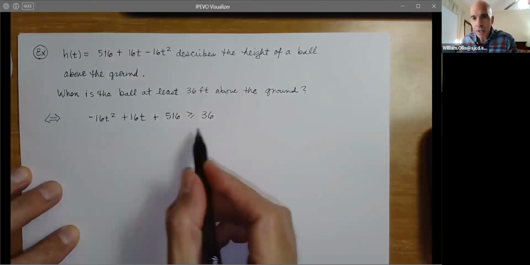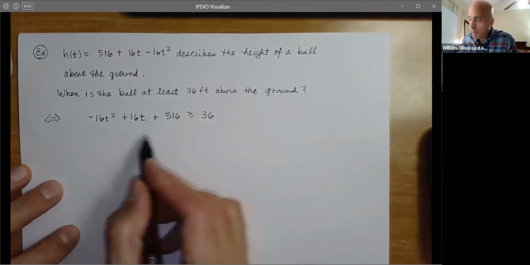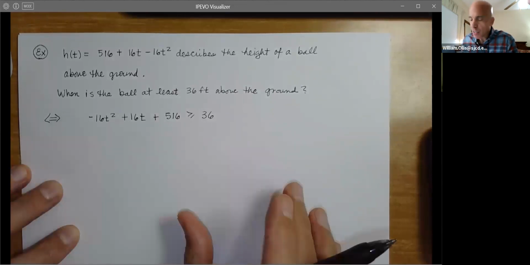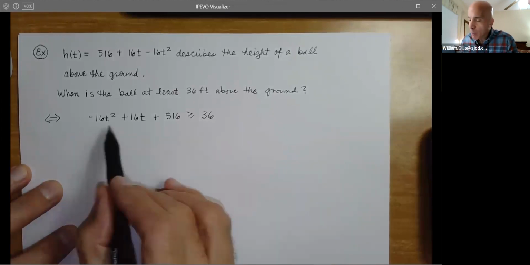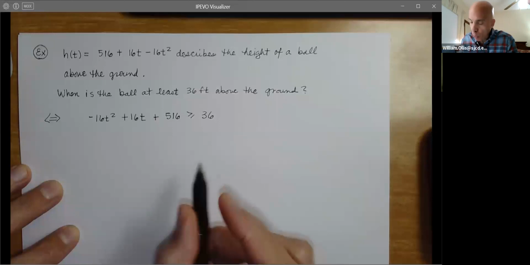So now when we look at this, we think about what we've been doing all along. We have extra stuff. So the first thing I'm going to do, I'm going to break this down into two pieces like we were doing the word problems last time. We've got a 4 in all of these terms. So let's first divide by 4.